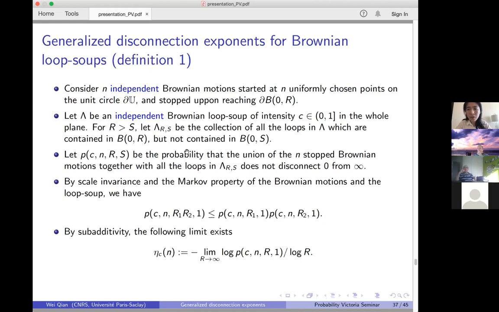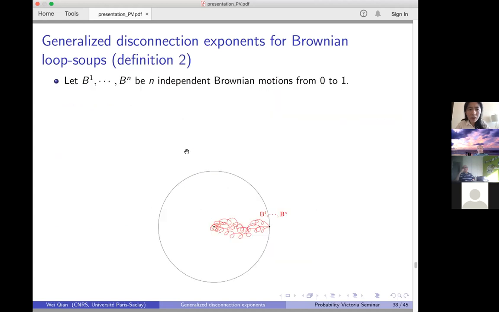This is what we call generalized disconnection exponents. This is just one possible first definition, and you see it is a very natural extension of the Brownian disconnection exponent.